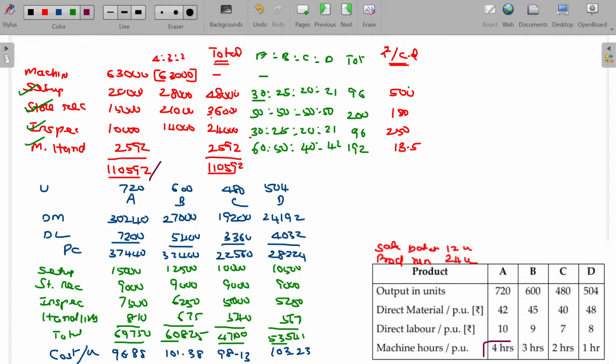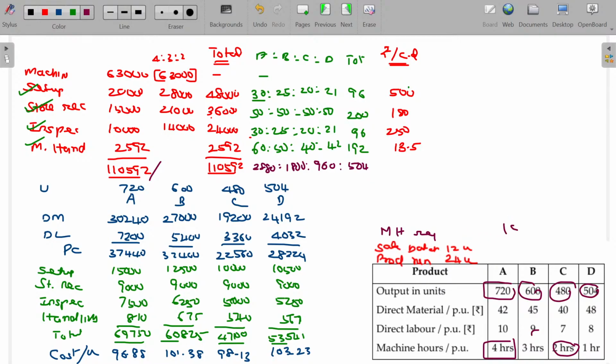A requires 4 hours, 720 units were produced, so if you multiply, what is the total machine hours? 720 into 4, 2880. 600 into 3, 1800. 480 into 2, 960. 504 into 1, 504.